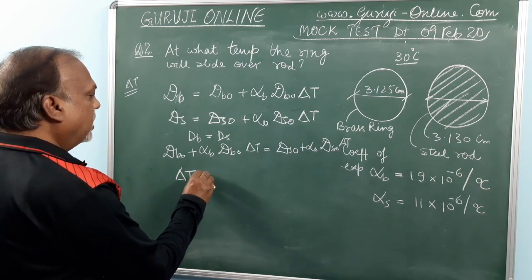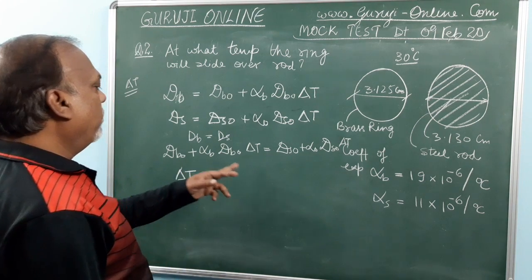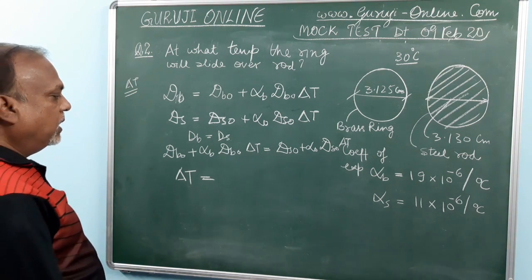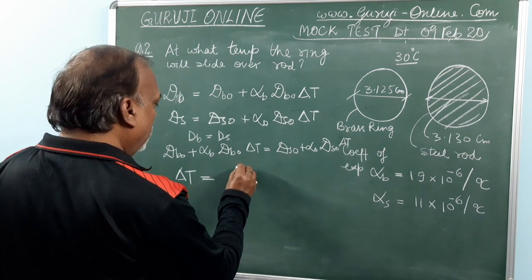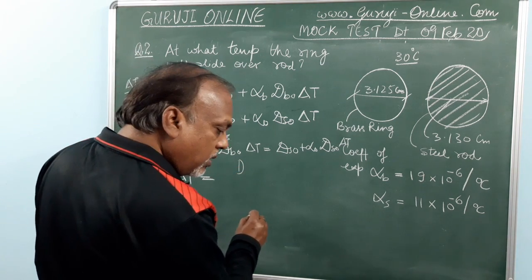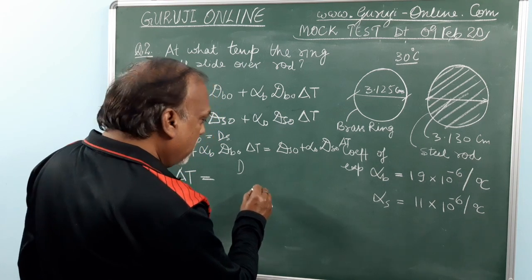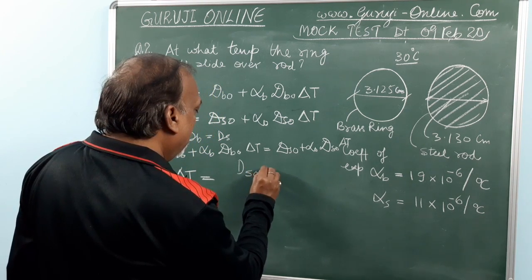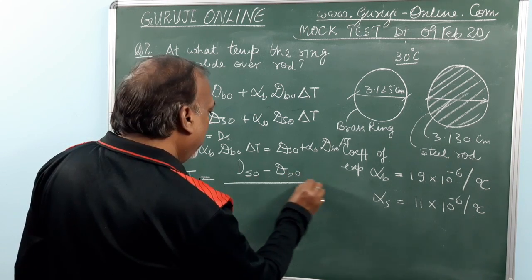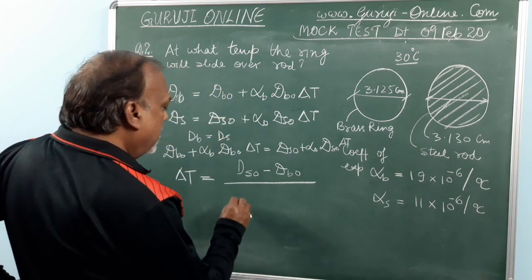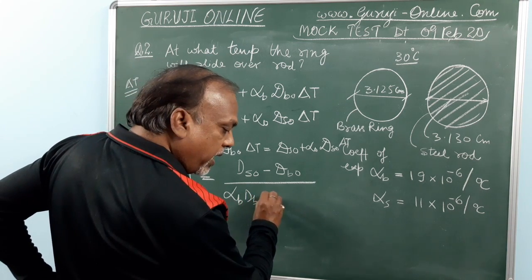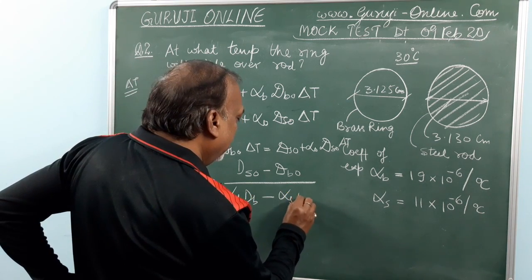What is the temperature? From this equation, delta T will be equal to dS minus dBO divided by alpha B dB minus alpha S dS.